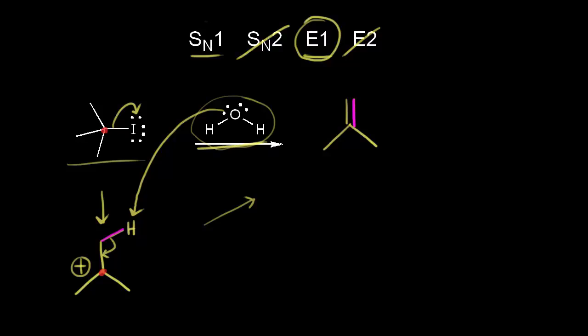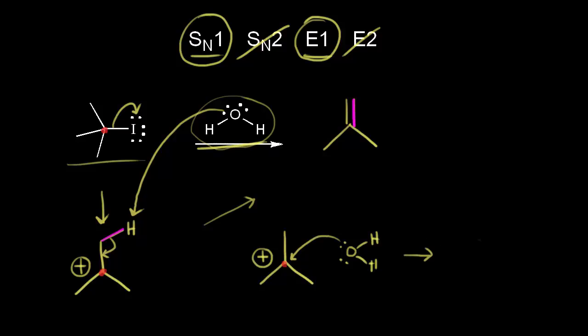But we also have the possibility of an SN1 mechanism. So let's draw our carbocation again. Here's our carbocation. Our carbon in red is this one with a +1 formal charge. This time we're going to show water acting as a nucleophile. So let's draw in our water molecule with 2 lone pairs of electrons on the oxygen. The nucleophile attacks our electrophile, and we form a bond between the oxygen and the carbon in red.